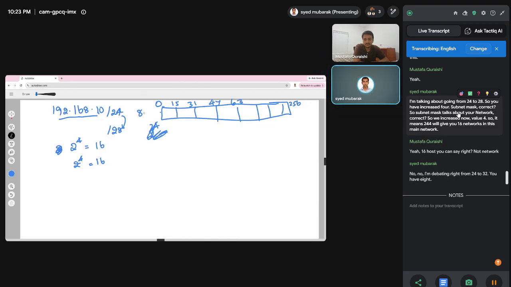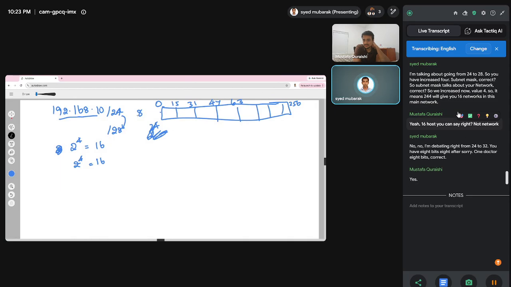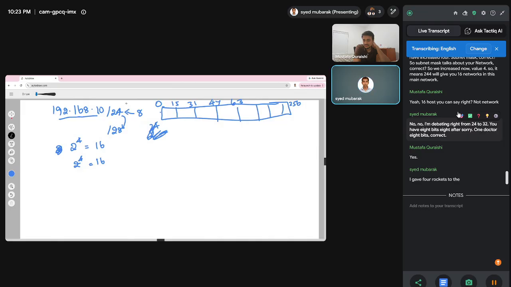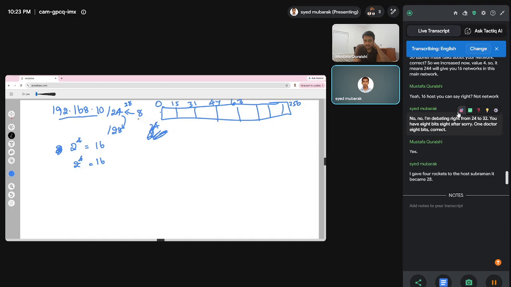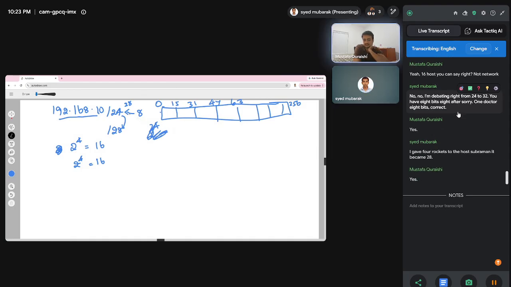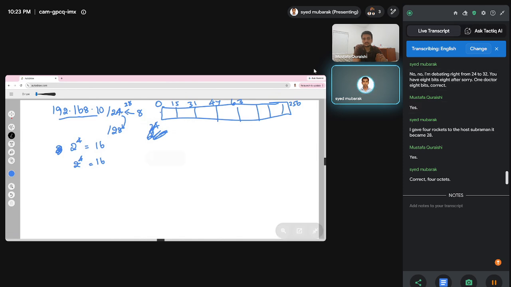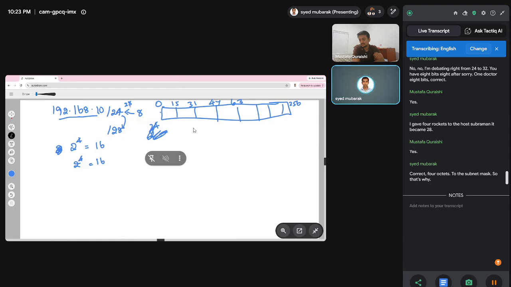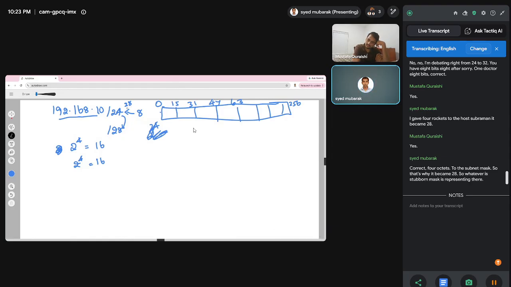I gave 4 bits to the subnet mask, and it became 28, correct? So whatever the subnet mask represents is the network segment.